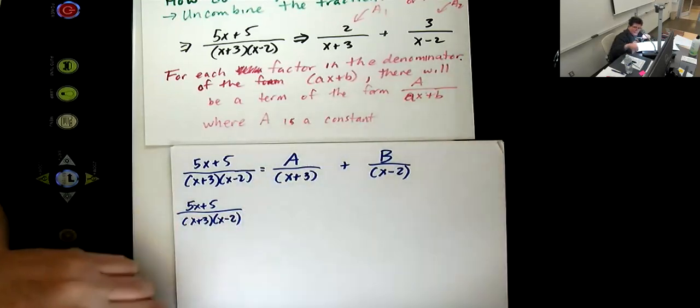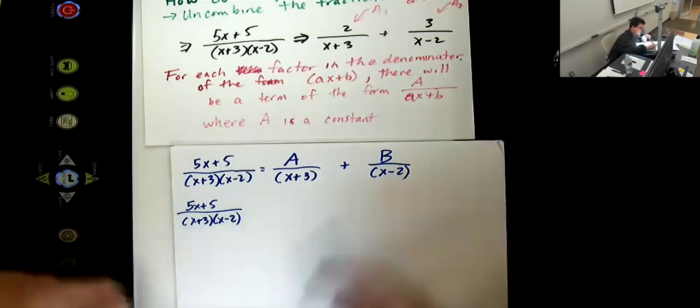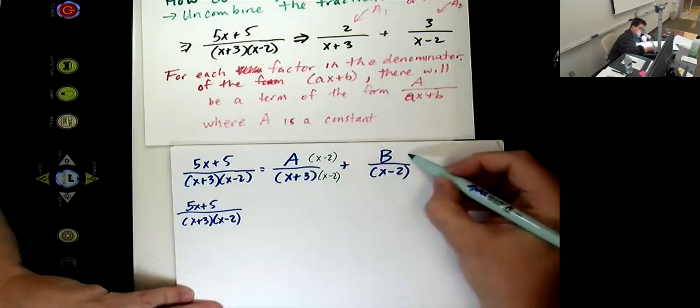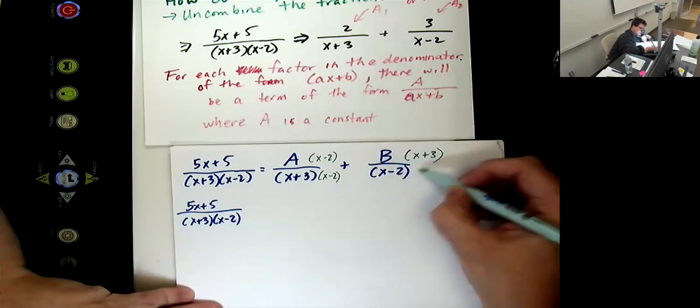I'll multiply the A over x plus 3 by x minus 2 over x minus 2, and I'll multiply the B over x minus 2 by x plus 3 over x plus 3.